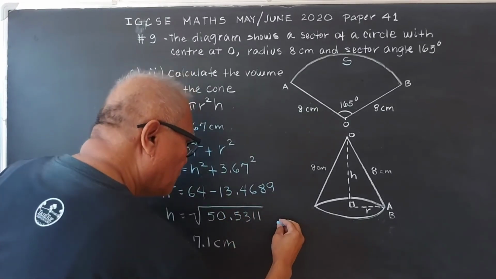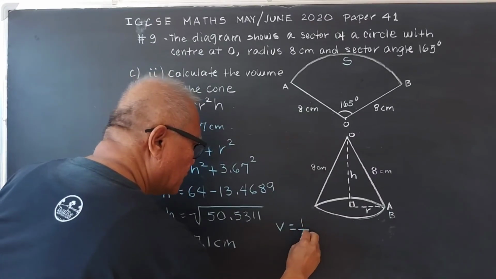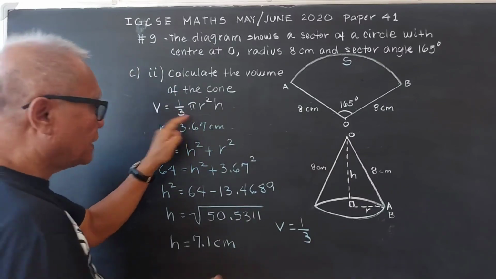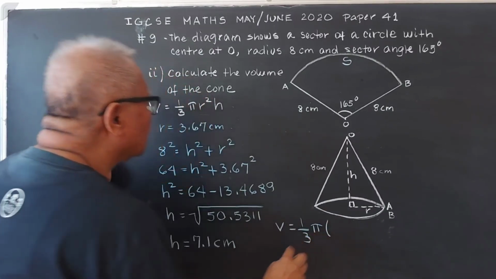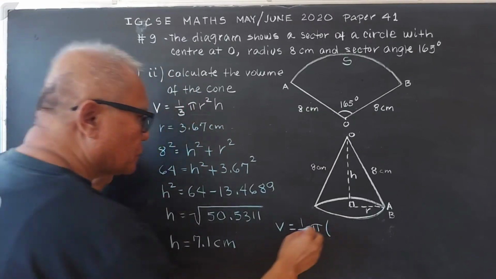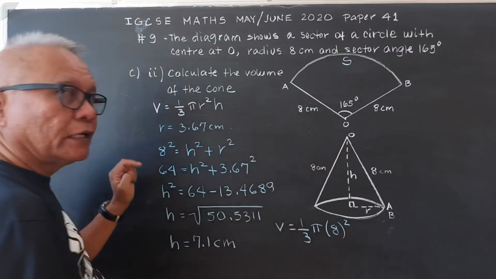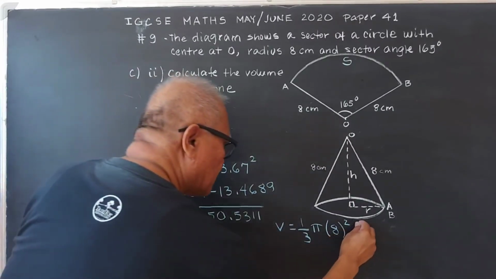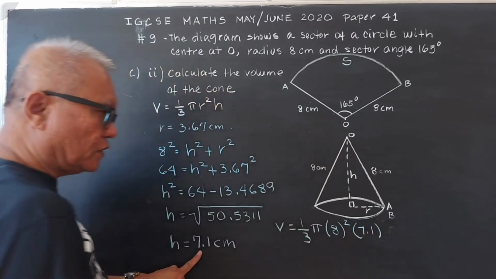So the volume of our cone is 1/3 times pi times the radius, which is 8, squared, times the height now, which is 7.1 centimeters.